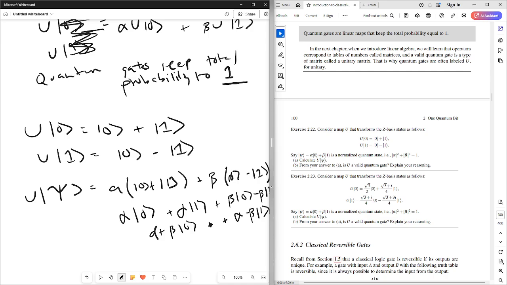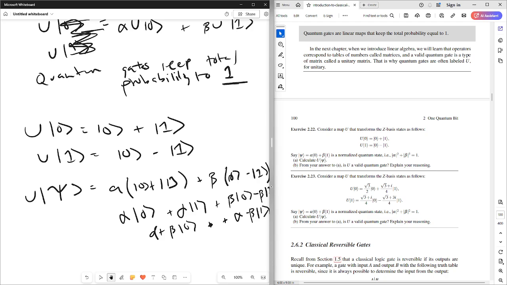So if alpha and beta are normalized already, then the effect should be good to, oh, sorry, this is 2.22. Sorry, just checking the, I see.